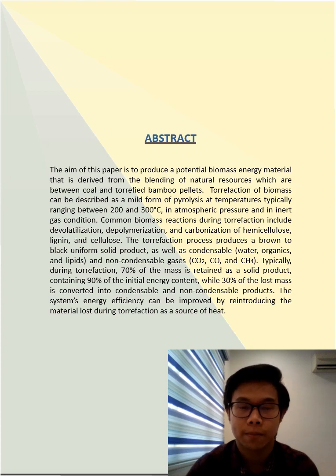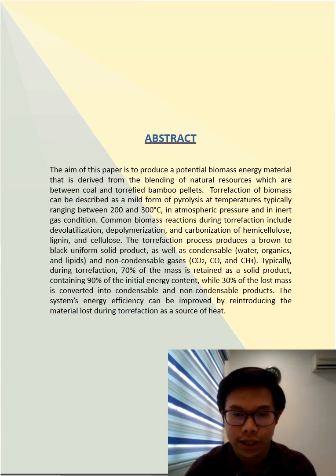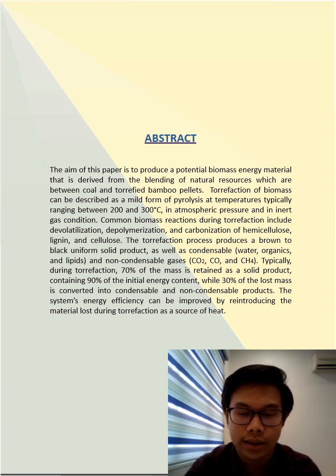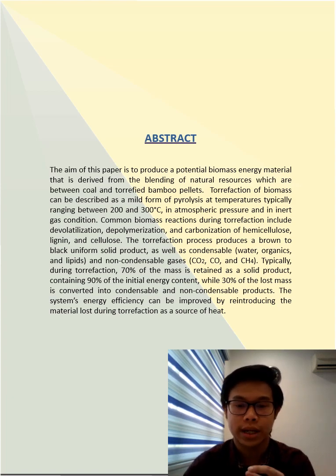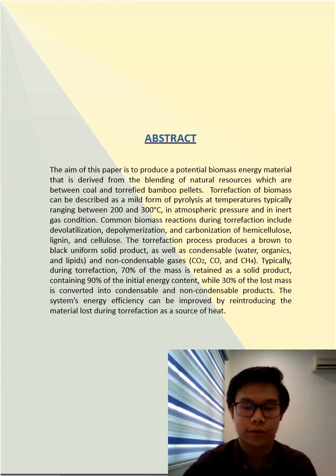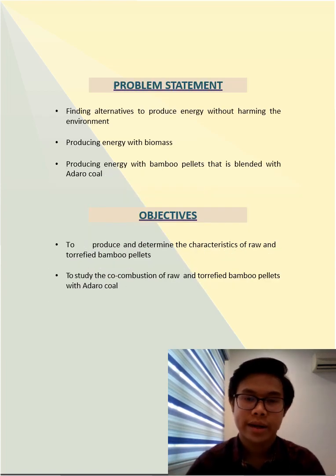This is the explanation for the process of torrefaction, and as it states there, the material loss can be reintroduced in the process as a source of heat. Finish with the abstract. Now we move on to the next part.